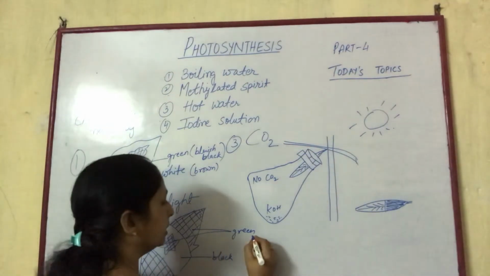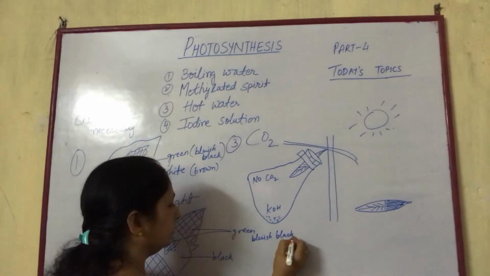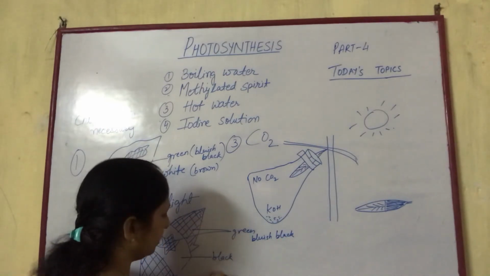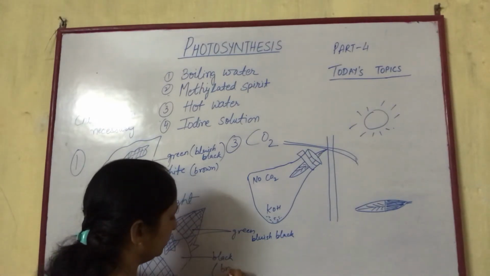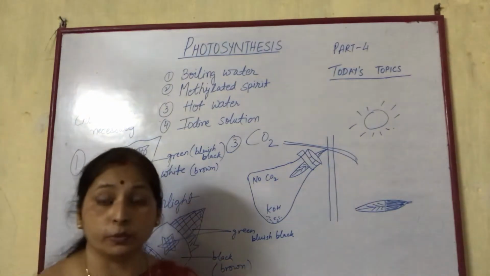So this area shows bluish black, and this black strip area becomes brown in color to show the no starch zone.